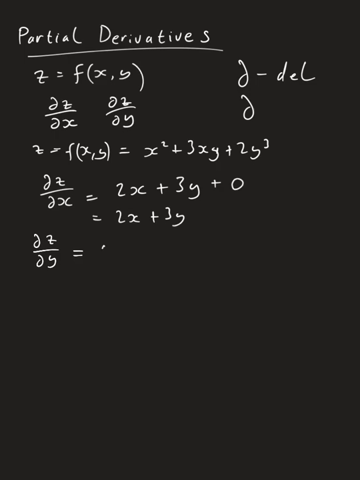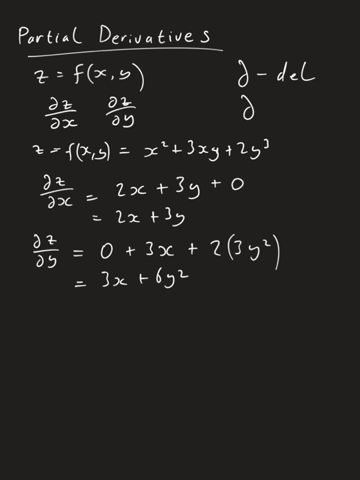So x squared just becomes 0. 3xy becomes 3x. And 2y cubed, well, that 2 stays in front, and the derivative of y cubed with respect to y is 3y squared. So I end up with 3x plus 6y squared.